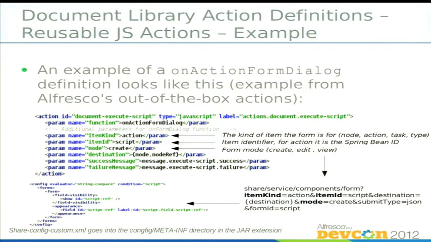And then I'm going to give it some information about the form development kit, how you actually call and create the form via this URL here. You can see it takes item kind, ID, and mode. So this tells the system that this has to do with an action, and the Spring ID for that action is script, and the form should be created in empty create mode.